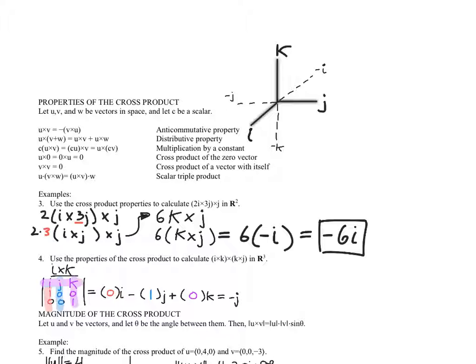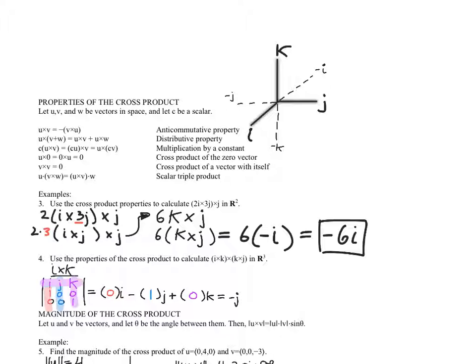So it must be negative J that I'm looking for. All right. So you can carry out the process that way, and then do the same thing with K cross J. Again, I can't do K cross J physically, but I can do J cross K, which would give me a positive I.